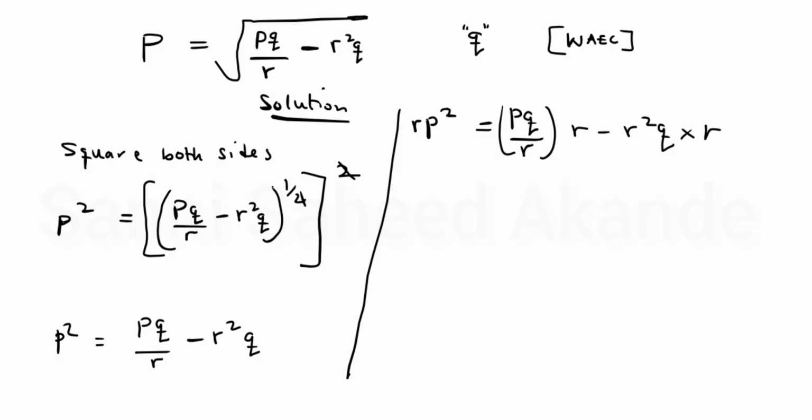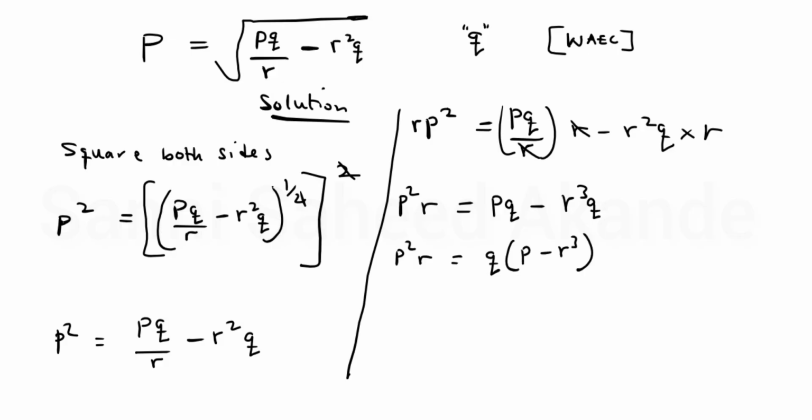So I have p squared r equal to, so this r will cancel this r, so I'm left with pq, then minus r squared times r is r cubed q. All right, so at the right hand side, q is common there, so I'm going to factor out this q, then I have p minus r cubed left.